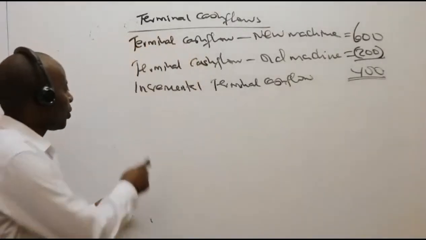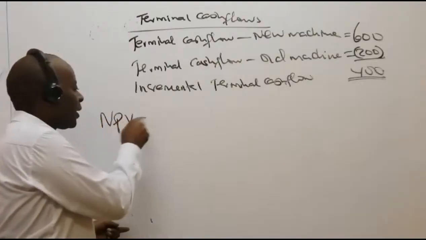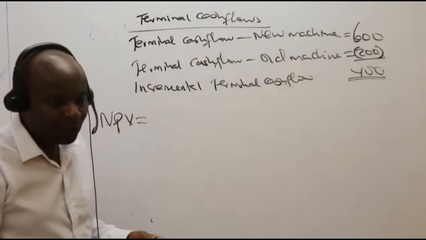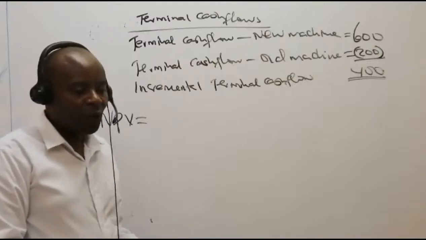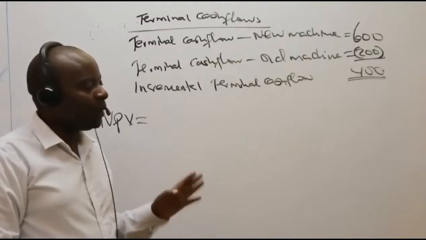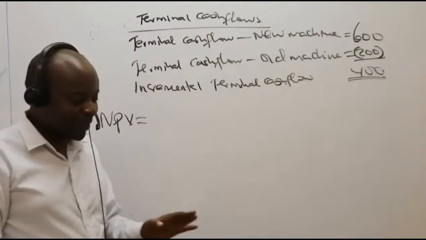So the last question, they want us to give them net present value. What do you think we shall do to be able to get the net present value? Very easy.